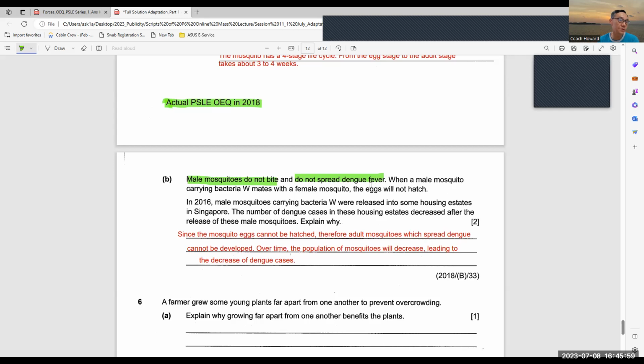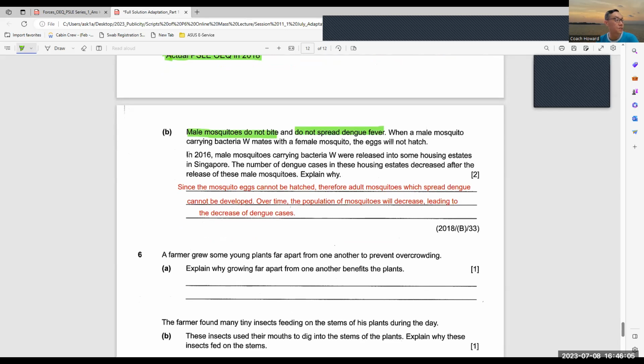Okay, so this is some sort of biotechnology to control the increase in the mosquito population. So they say in 2016, male mosquitoes carrying bacteria W were released into some housing estates in Singapore. The number of dengue cases in these housing estates decreased after the release of these mosquitoes. Explain why.